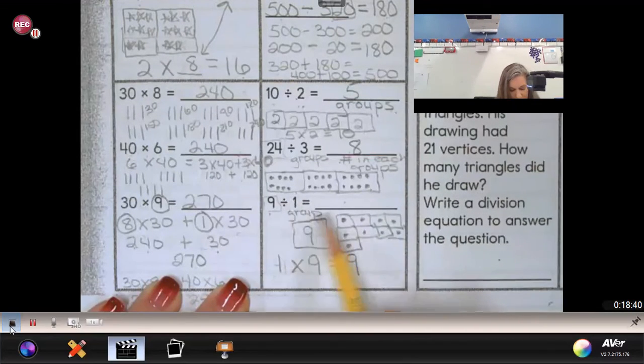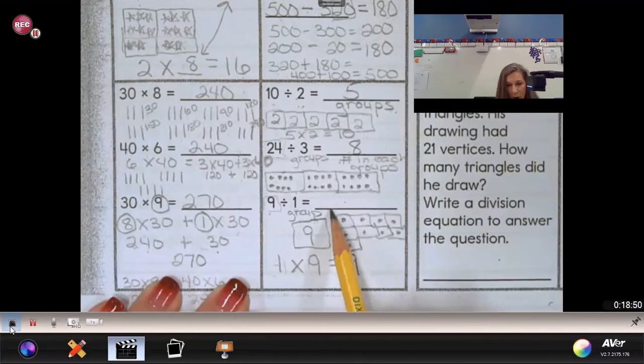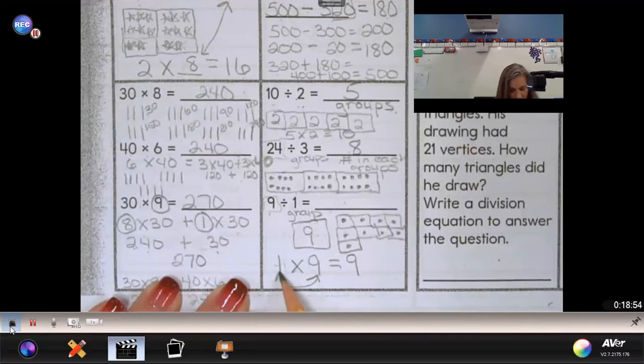So again, remember, these are interchangeable. Your groups are going to be able to be exchanged or switched with the number in each group. Why is that true? Because when we switch these factors, they are also true. So I could say 9 groups of 1 is also equal to 9. That's this model here. 1 group of 9 is this model here.